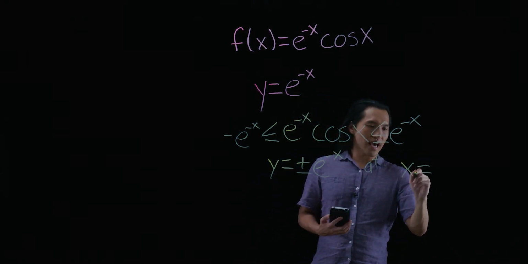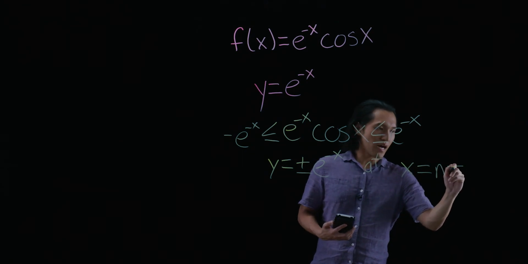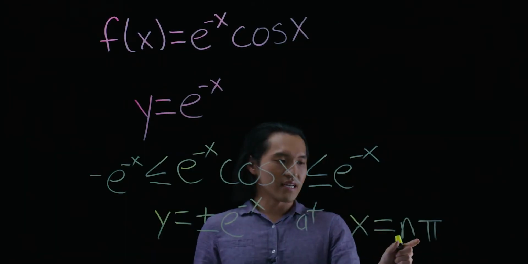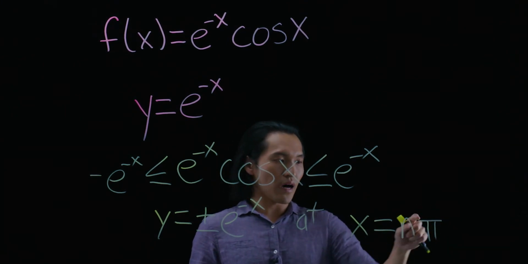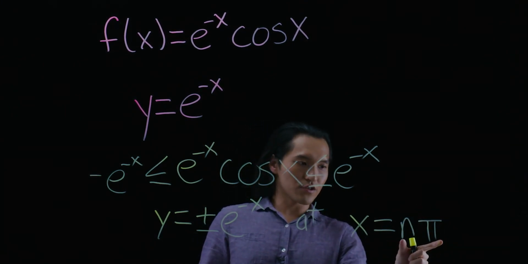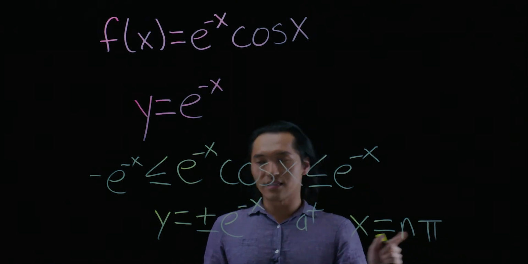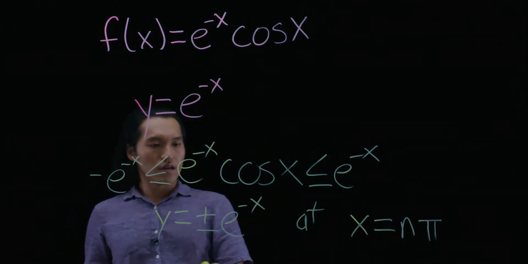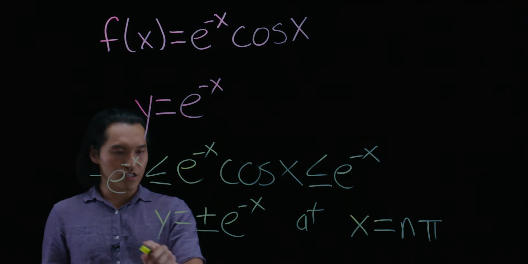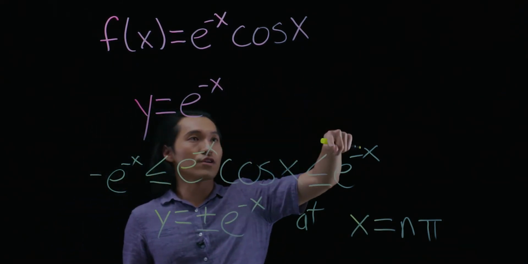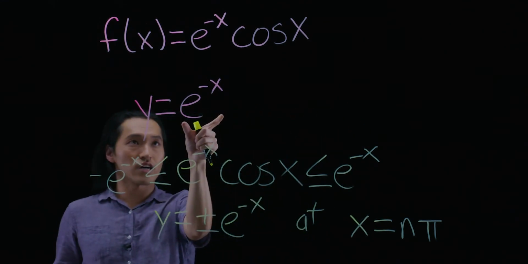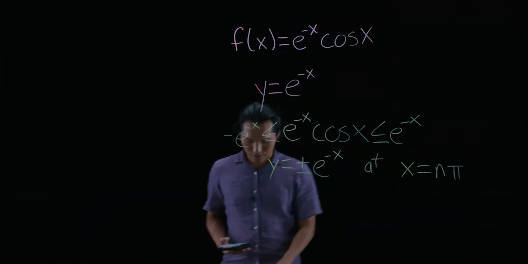So we can just say x is equal to n times pi, n representing an integer, meaning it could be 1 pi, 2 pi, 3 pi. Every 180 degrees, every pi radians, this function will touch this function, right? Every time it oscillates, every 180 degrees, it will touch this damping factor.